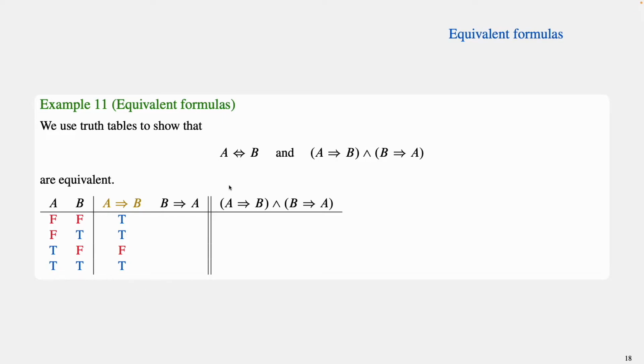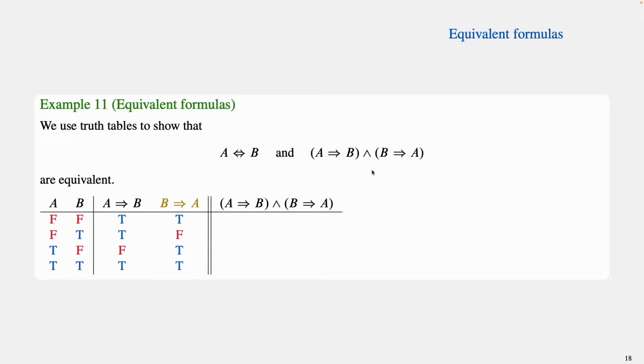First, I investigate the two components of the right-hand side formula. So here again, we write down all possible true-false combinations for A and B. And then just by looking up the truth table for A implies B, we get this column here. And we do the same for B implies A, just with the roles of A and B reversed. So we get this column here.